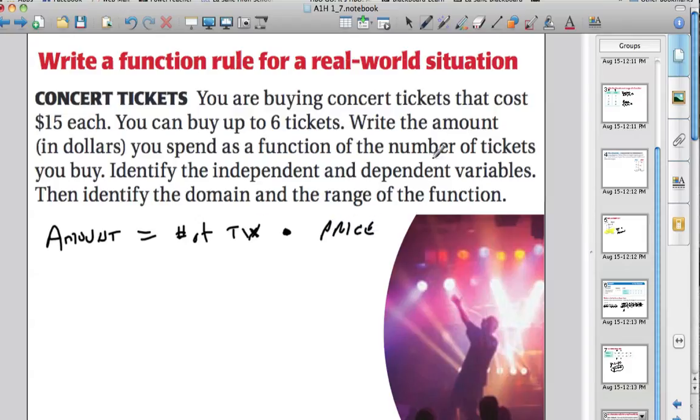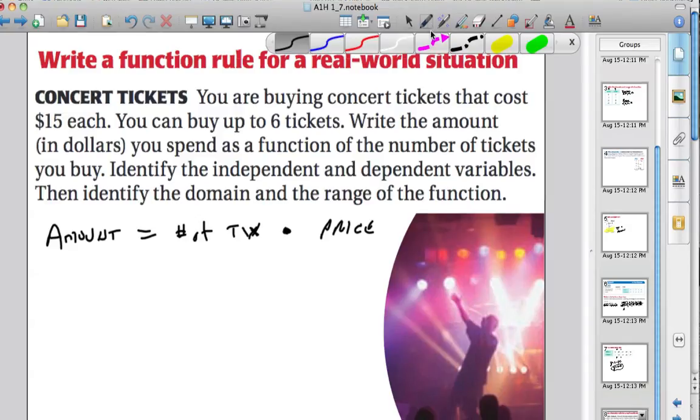I don't have any kind of ticket handling charge. If I did, that might have to be added on, but that's not in this problem. Identify the independent variable. Well, the independent variable is going to be the tickets. Okay, the independent variable is the tickets because the price is going to depend on the tickets.